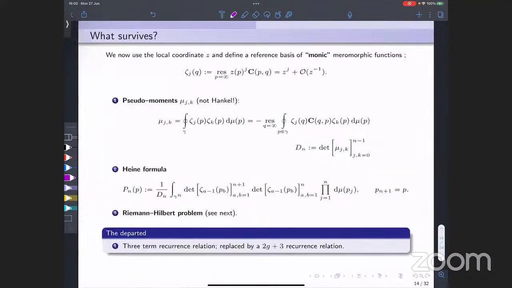Let's see here. Okay, so how do you start? That's where this local coordinate near infinity comes into play. So z is this local coordinate at infinity where z of infinity is infinity. So it maps the disk around the point at infinity to the outside of the unit disk in the plane. And then you define these objects, zeta j of Q, which are given by this residue formula in terms of the Cauchy kernel.